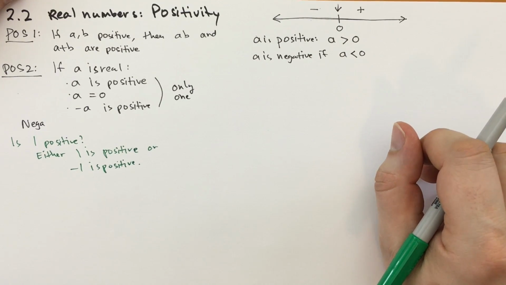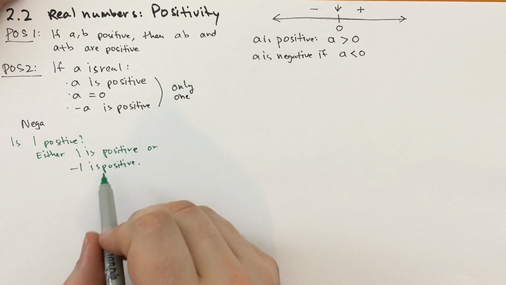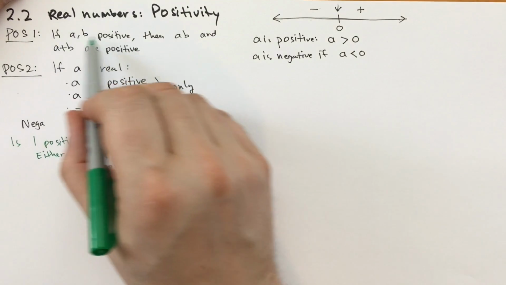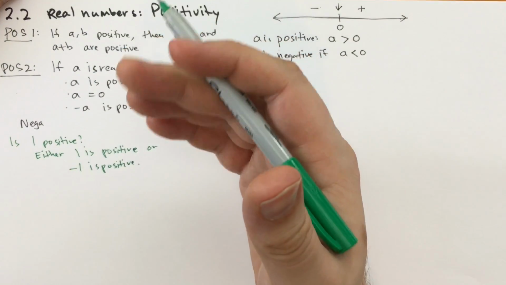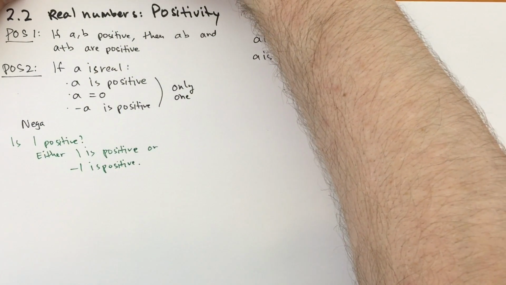If 1 or minus 1 is positive, then one of these will satisfy the condition up here: multiplying by itself will give a positive and adding to itself will give a positive.